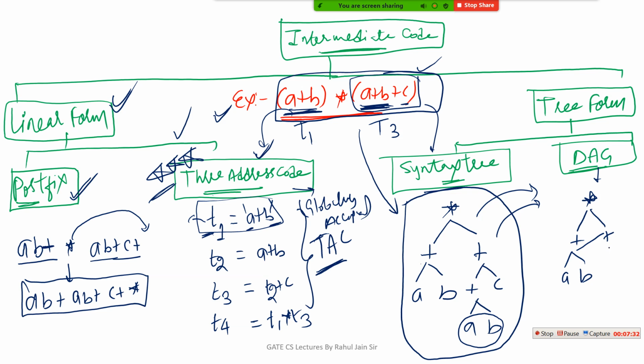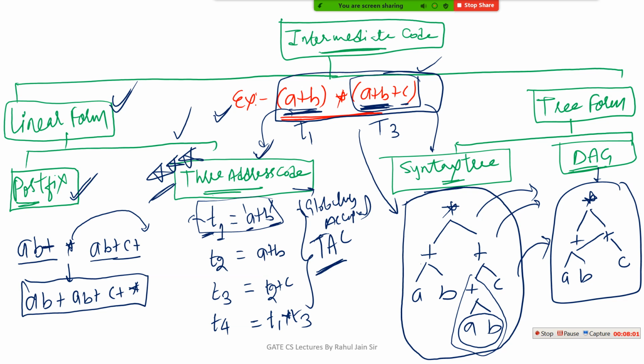So it will add only c to it, and it will take the result of the addition of a plus b directly from here. This step is reduced in a directed acyclic graph. That is why DAG is called the efficient form of the syntax tree, because it will not calculate the same operations again and again. If a plus b is calculated once, it will not calculate it again.